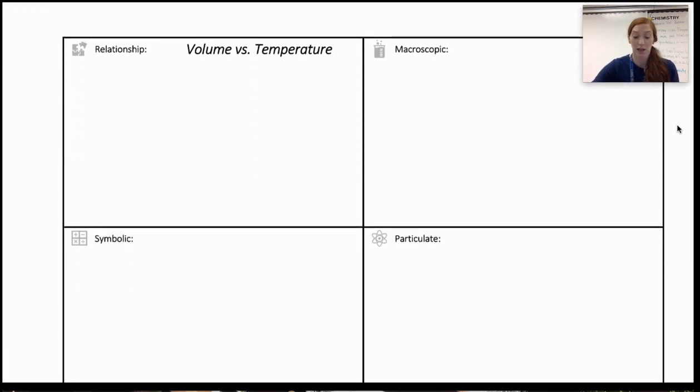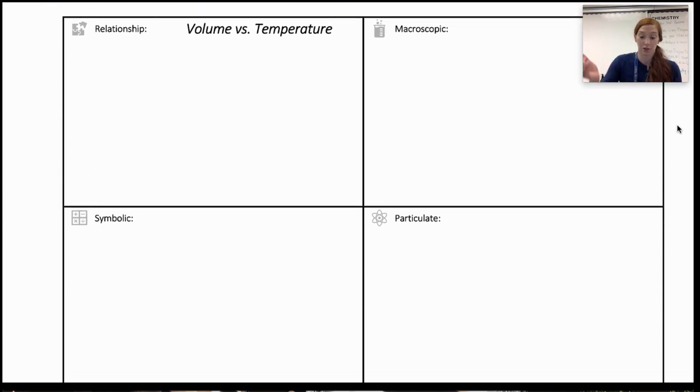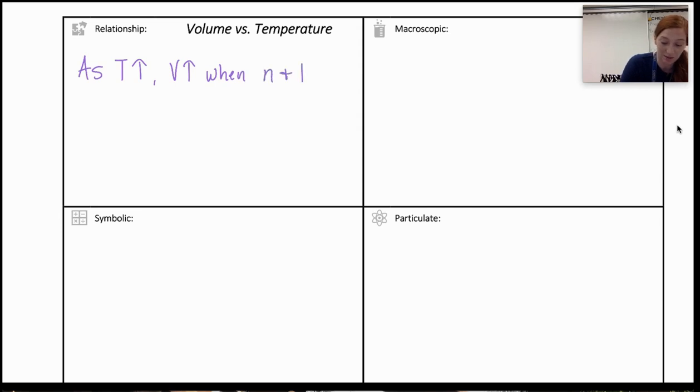Let's now take a look at volume versus temperature. Volume is our dependent variable, temperature is the independent variable. So what we want to say here is that as temperature increases, volume will increase when the amount of gas and the pressure are constant.